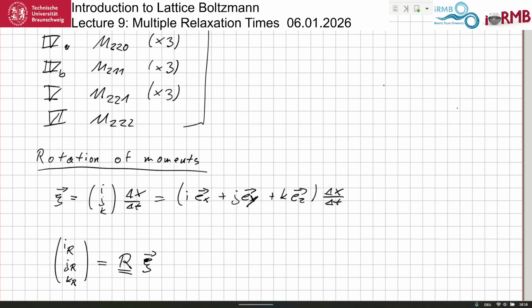So this is our matrix, two lines below. This vector can now be written as the rotation applied to the x vector multiplied by I, plus j on the rotation of the y vector, plus k on the rotation of the z vector.